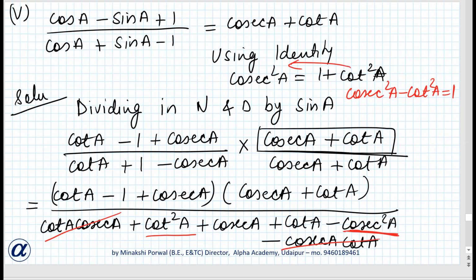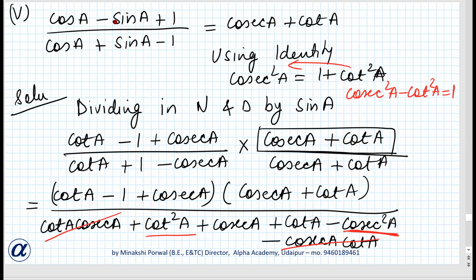So here we are asked to use this identity. First ये दिया था using identity cosec square a equals to 1 plus cot square a. That means हमको इनको cosec और cot में convert करना है. ठीक है, हमको पता है cot theta is cos theta upon sin theta, cosec theta is 1 upon sin theta.